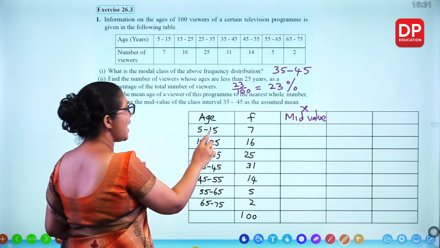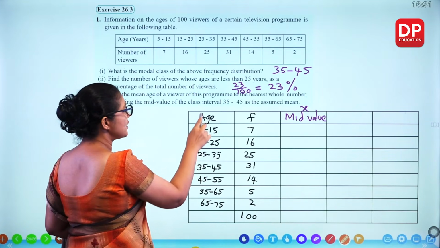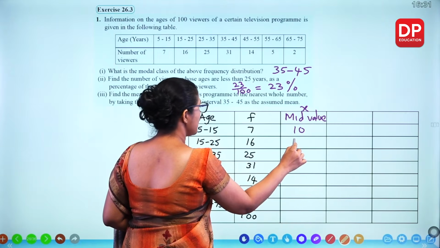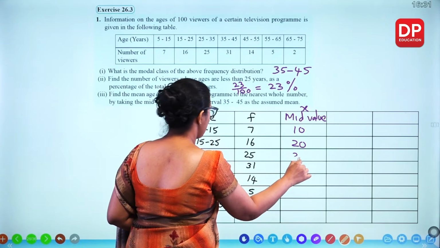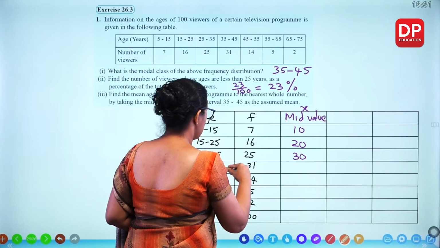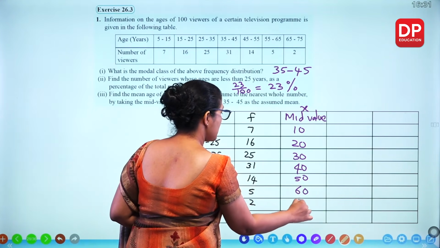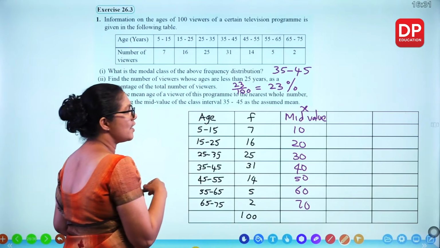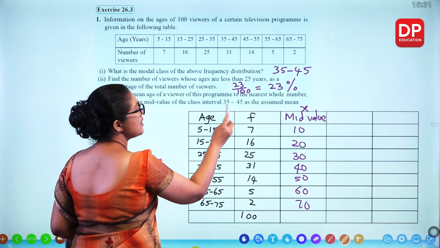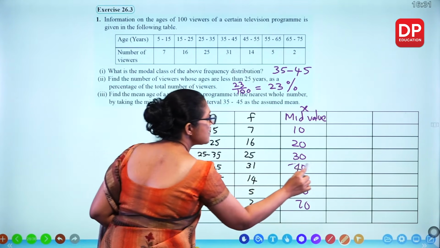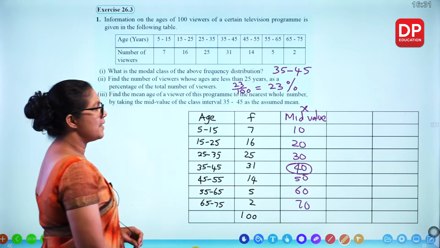So mid value is add and divide by 2. So what's the mid value here? 10, 20, 30, this is 40, 50, 60, 70. Those are the mid values. Now it says take 35 to 45, this, as the assumed mean.